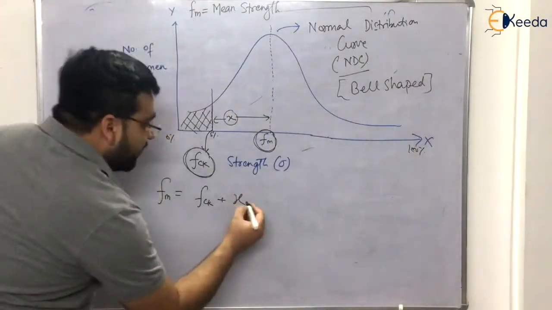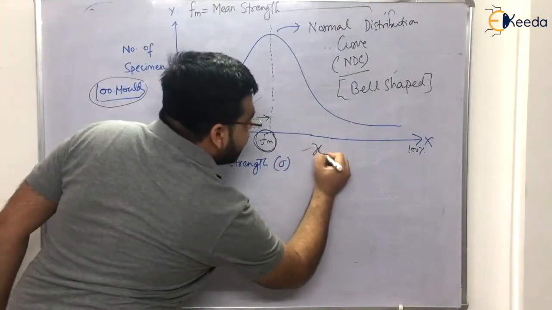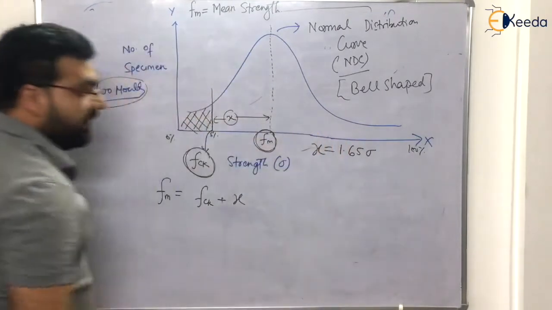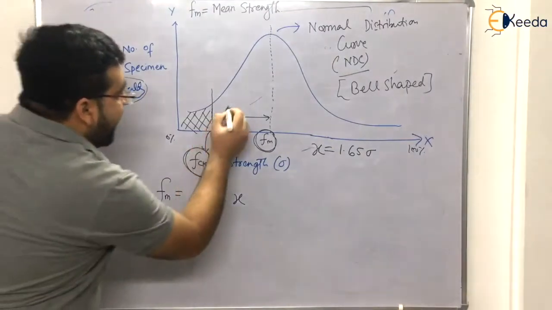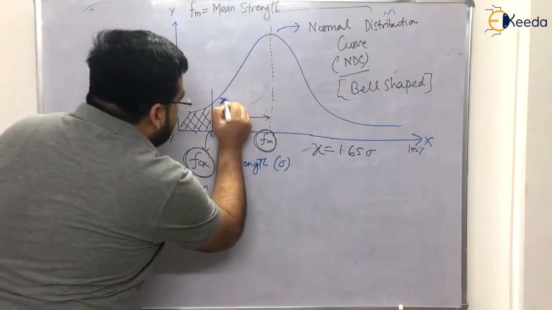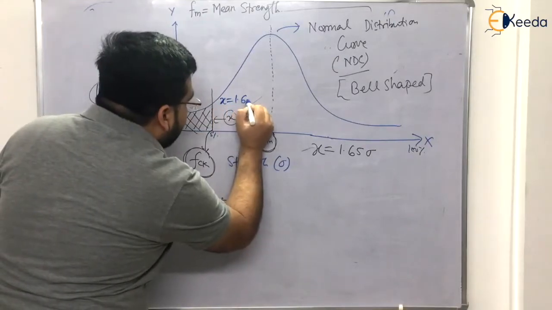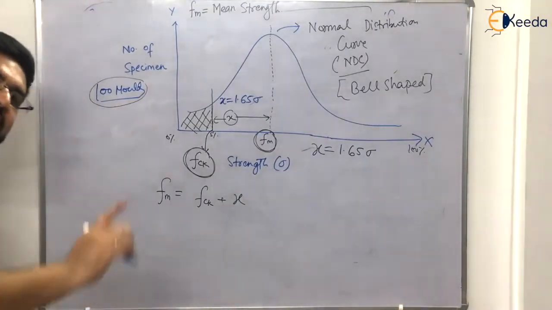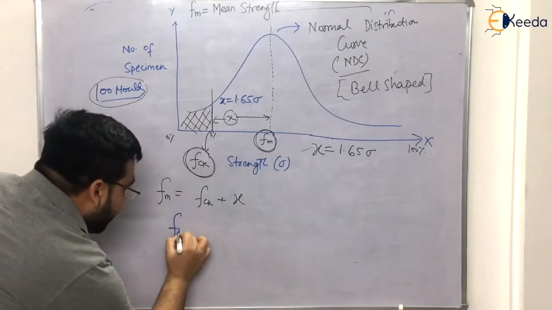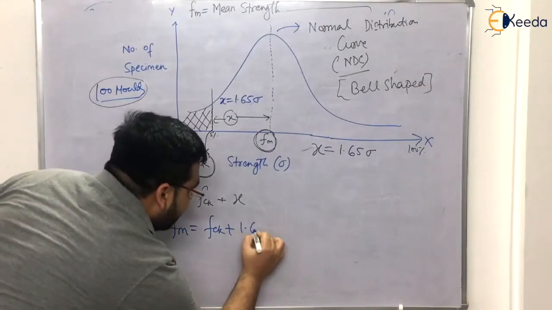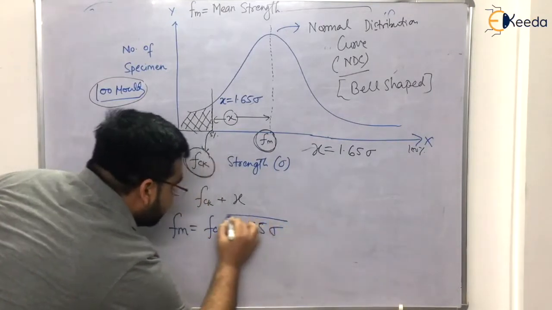So x is equal to 1.65 sigma. I will explain what the sigma is. So this x is actually equal to 1.65 sigma. So in equation, can I write Fm is equal to Fck plus 1.65 sigma.